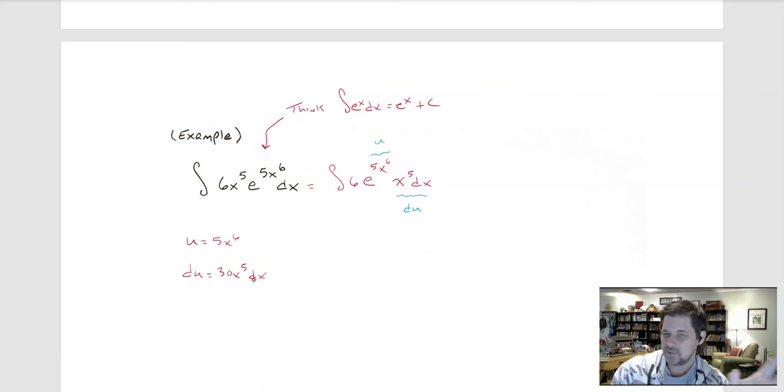I mean, I'm close. I don't see anywhere in this problem 30x to the 5th dx. I see x to the 5th dx. So like I'll try to use this so that I can substitute there. That's one way to do it. If you ask different people, they might tell you slightly different ways that you handle this part of the substitution. Bottom line is what I'm working with has to all go up there. So I'm going to divide both sides by 30.